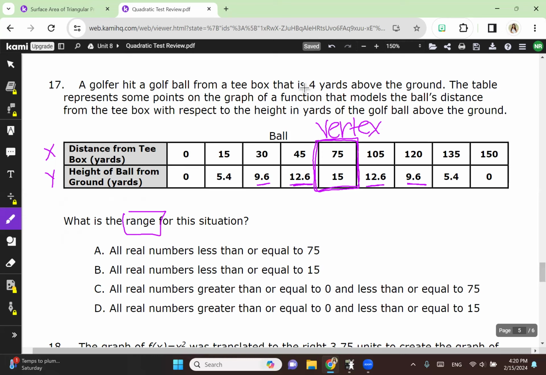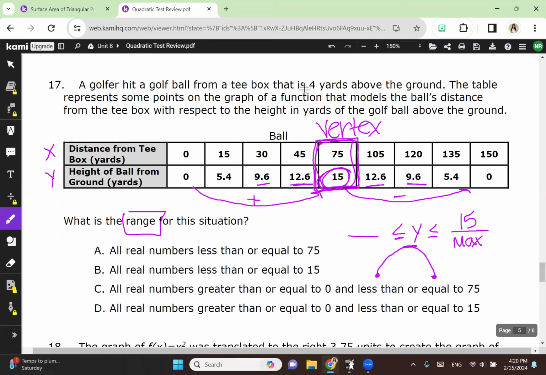You can type these in stat edit to look at the graph, or just pay attention to how the values go. If we're going from 0 to 15, the numbers are increasing. From 15 back to 0, the numbers are decreasing. So if we are increasing, our parabola goes up and then it goes back down. So that means there is a maximum. And that maximum is the 15.